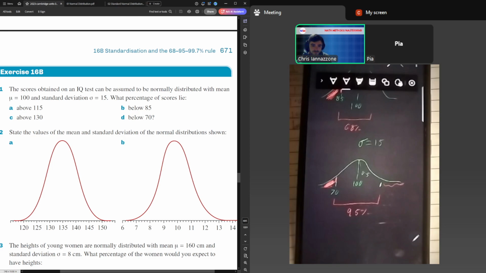I tried to figure it out, but I just got something completely wrong. Might not be completely wrong. Did you get 2.5%? No. Okay, then that's a bit wrong.